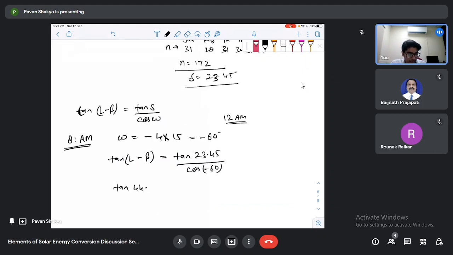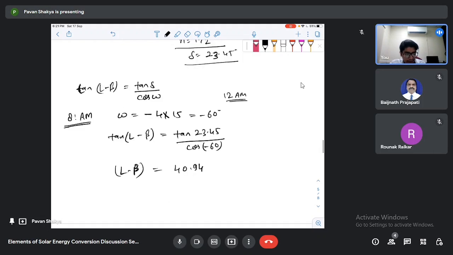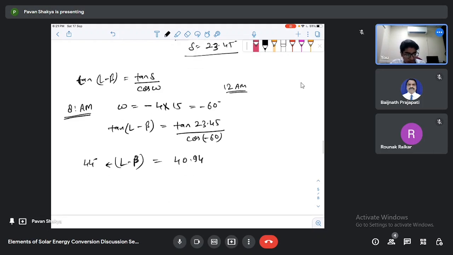So 44 minus beta, and when you solve you will find that this L minus beta will become equal to 40.94, and this L value is 44 degree. So from here you can calculate the beta and it will come out to be 4.94 degree.